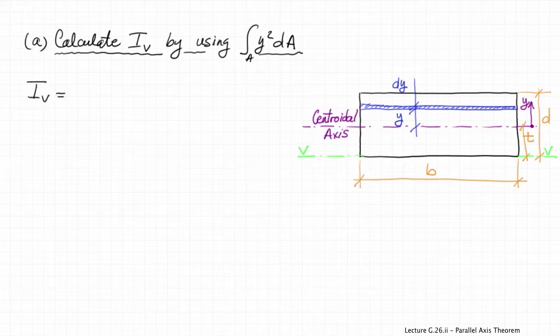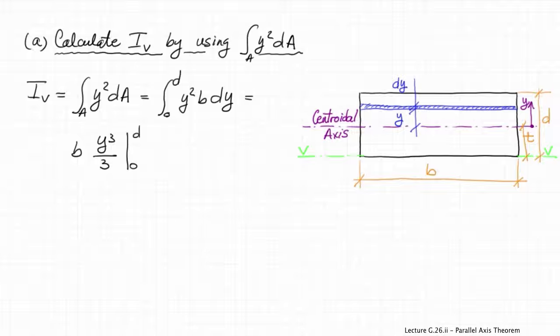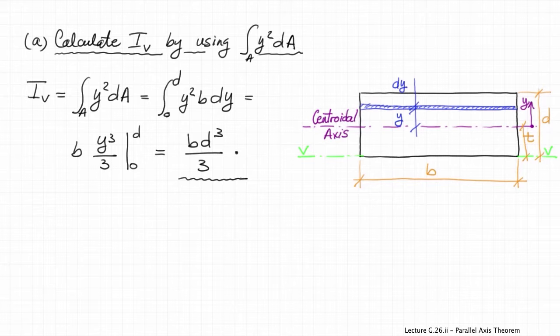So in the same diagram as before, the second moment of area with regard to the v-axis equals the integral from 0 to d of y squared b dy. That's transforming the problem into a one-dimensional problem, and then it equals b y cubed divided by 3 taken from 0 to d, or equals b d cubed divided by 3. So this is by using integral calculation.